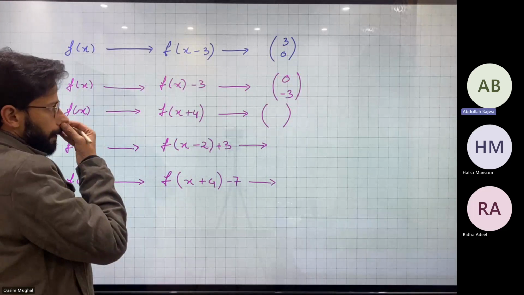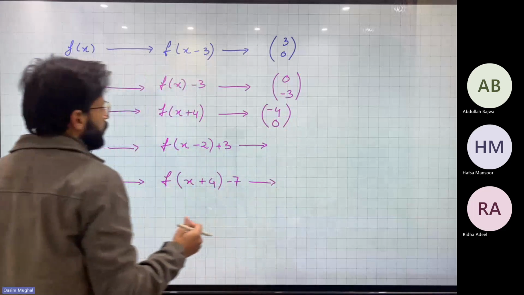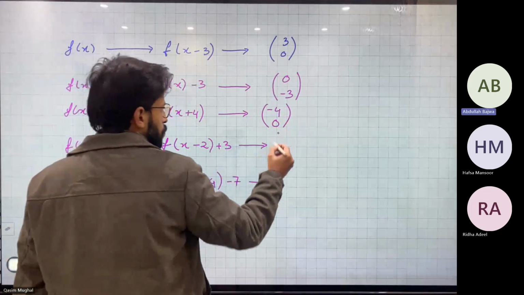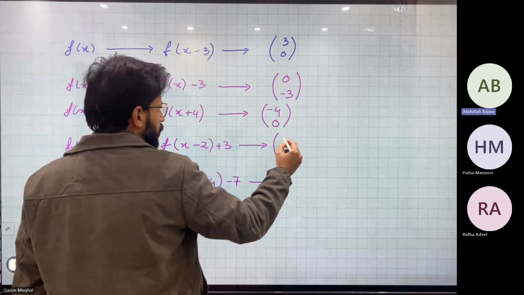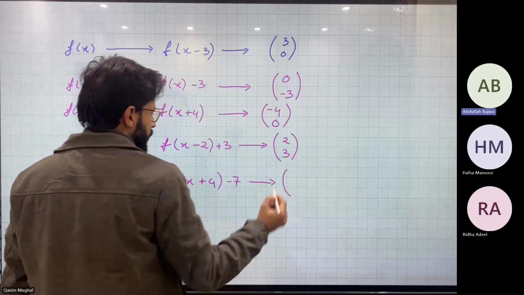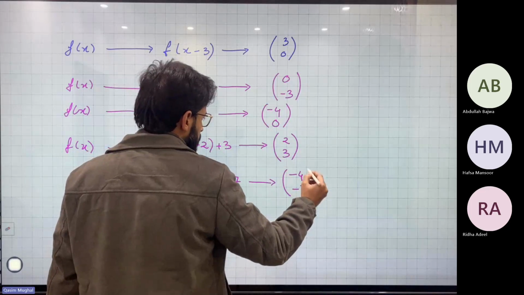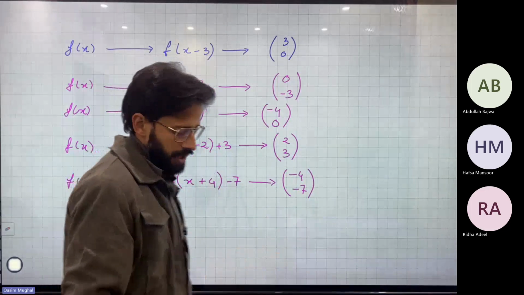Next one, -4 over 0. -4, 0. 2 over 3. शाबाश, एक्सेलेंट. And -4 over -7. -4 and -7. Okay, very good, excellent.